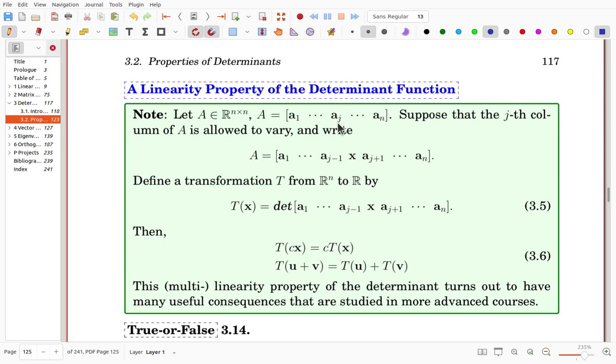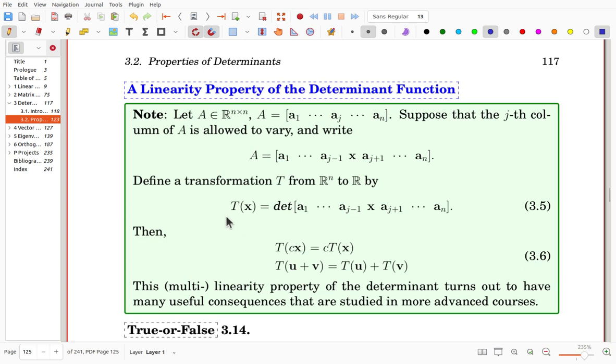We consider the jth column as a variable, so A is written in this way. Now we define a transformation from Rn to R by applying the determinant, so that for the matrix we get the determinant. Now we may consider this as a transformation and as a function of x. Okay, that is the determinant function.